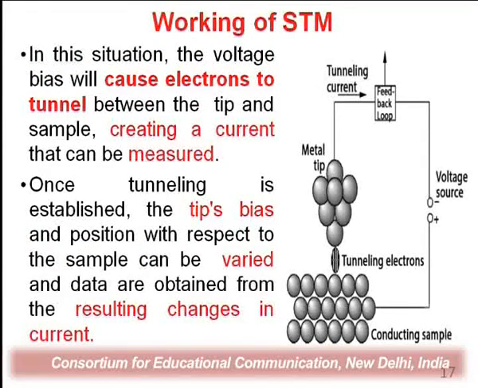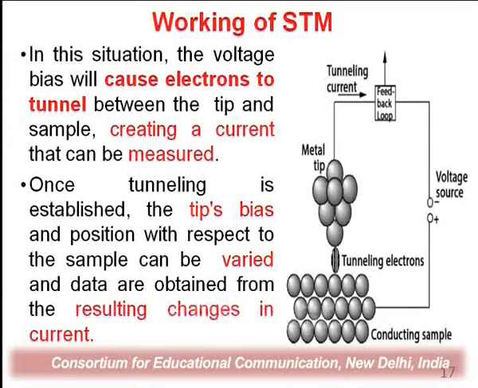In this situation, the voltage bias will cause electrons to tunnel between the tip and the sample, creating a current that can be measured.